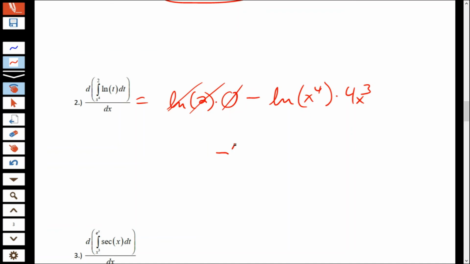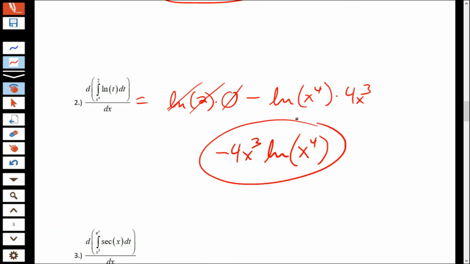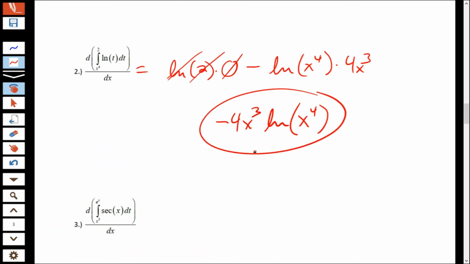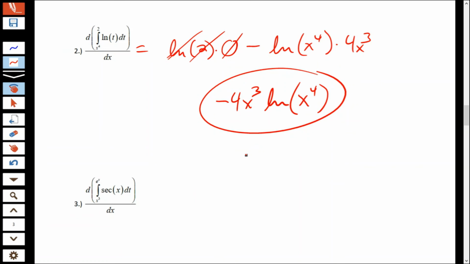We end up with negative 4x cubed natural log of x to the 4th. That is the solution. And we don't actually have to worry about doing an integral. We only have to worry about these derivatives of our bounds, which come out as part of the chain rule, right? It's the chain rule that is why we had to take that derivative.